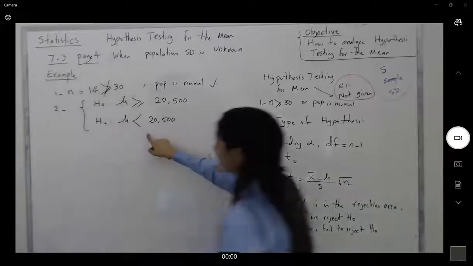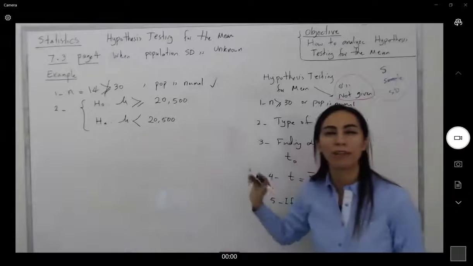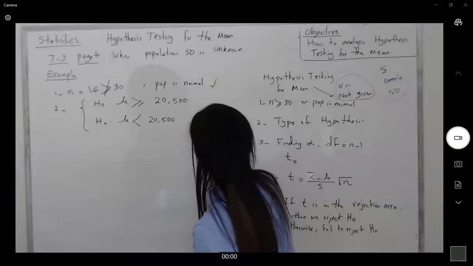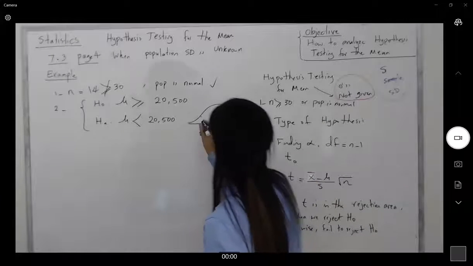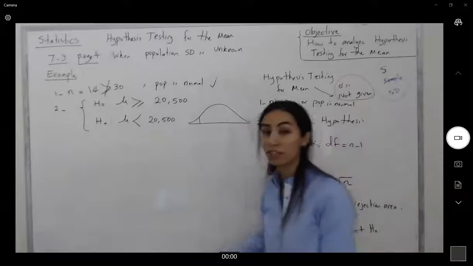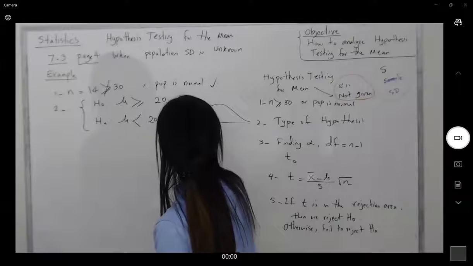Remember that we look at the alternative hypothesis to distinguish between different graphs. This is a left-tailed graph. It means that the rejection region, the green region, is on the left-hand side.